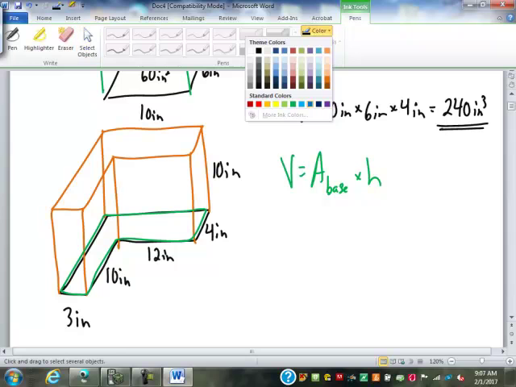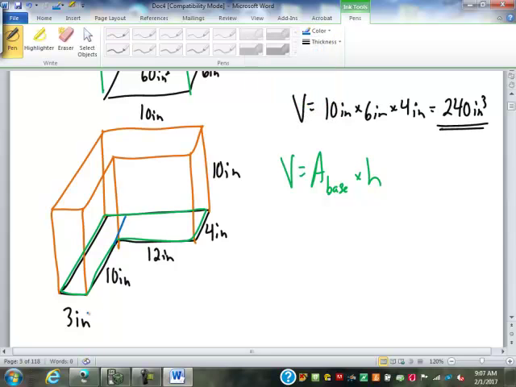So here, the area of that base, I can divide this up. Let's say I'm just going to cut it across here. So this is 3 by, how big is this? 14, good. 10 plus 4. It's 42 inches squared.